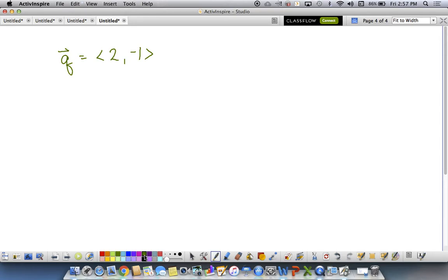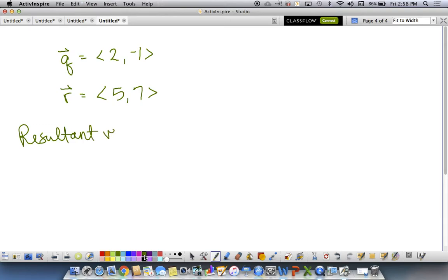Okay, you can have a negative component just like you can have a negative number or a negative coordinate. Okay, and I have vector, we're just going to say R, and it has components of 5, let's say 7.